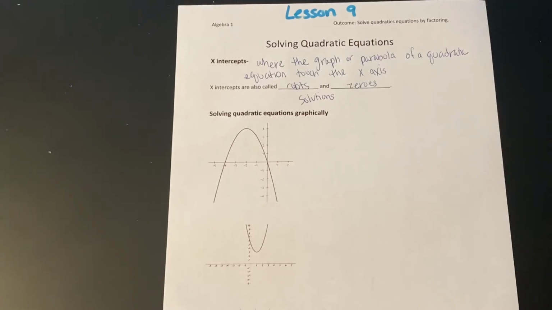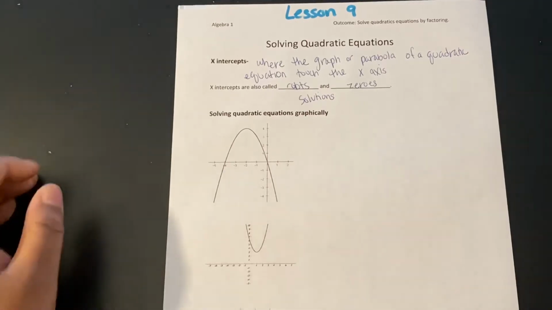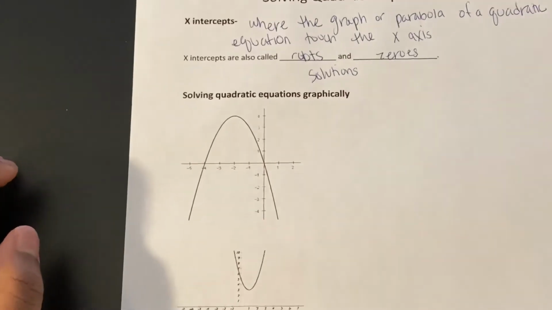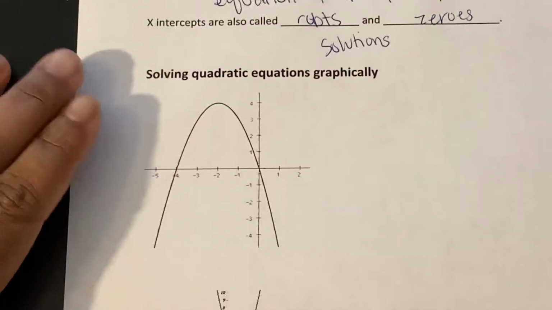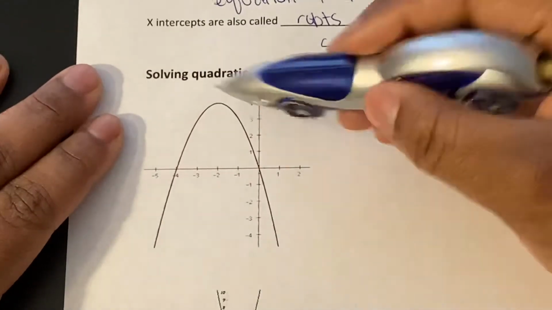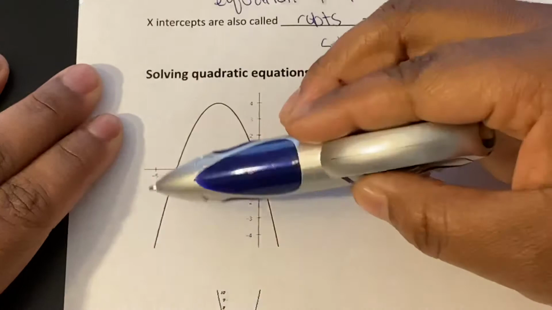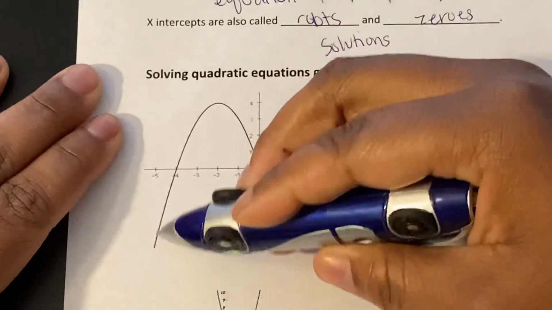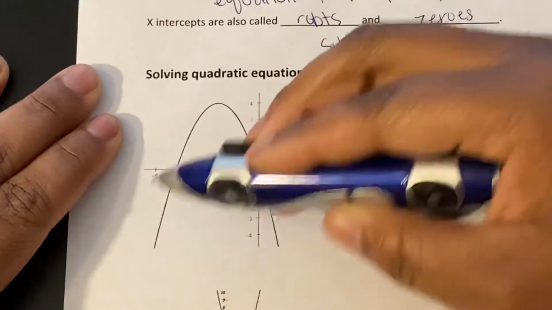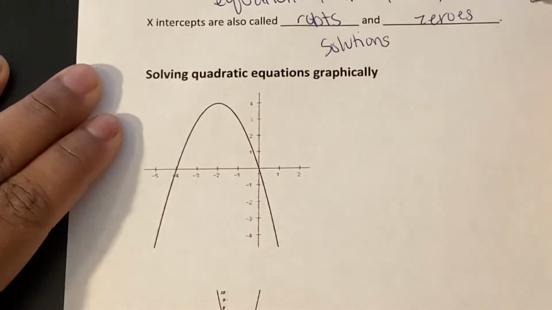So if we look here at these graphs, solving quadratic equations graphically. So this graph represents a quadratic equation. And again, we call these shapes, this U shape or this mountainous shape, a parabola.